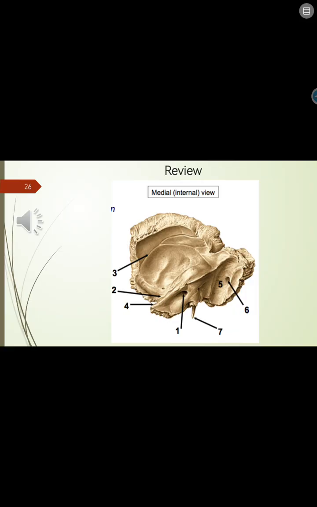In the first step, it may be difficult, but if you study more and more and get help from different atlases and different references, you can understand this bone completely.